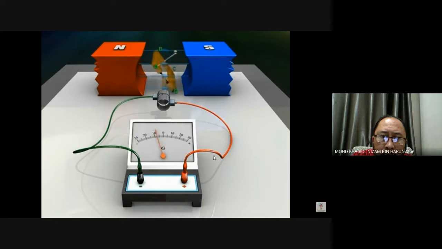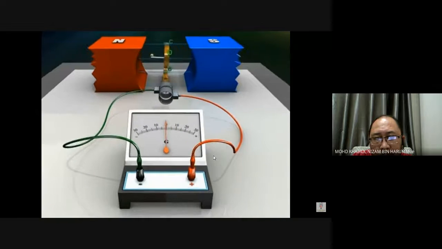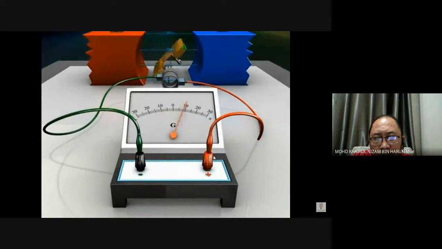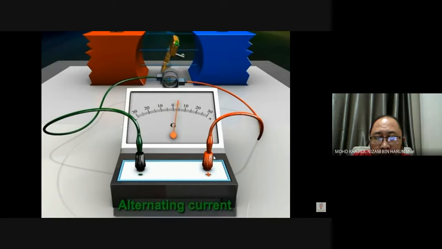This in turn produces an electric current through the armature and the galvanometer and through the slip rings and the brushes. Note that the galvanometer needle swings between the negative and positive values. This means that an alternating current is flowing through the galvanometer.